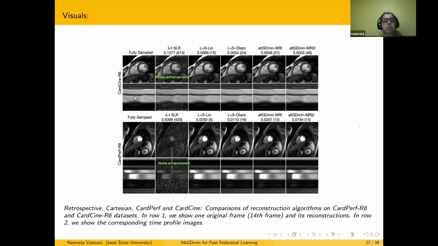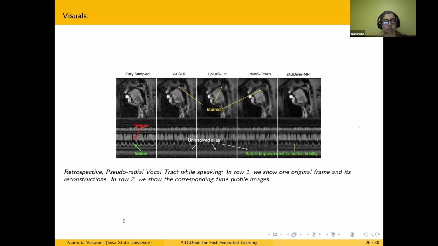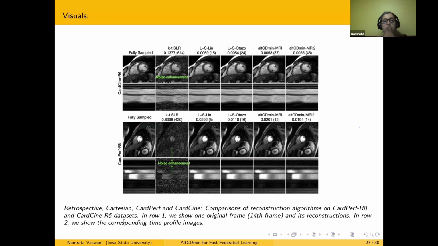And in row 2, I'm showing what's called a time profile image. So it's one row of pixels across time. And that's called a time profile image. If it's not clear, and if there are people that are interested in this, I can go over it in detail. But of course, as with all experimental results, what I'm showing is that our algorithm is competitive.